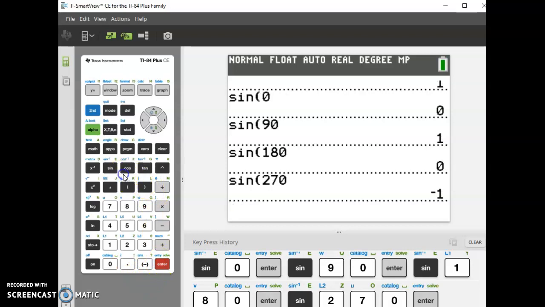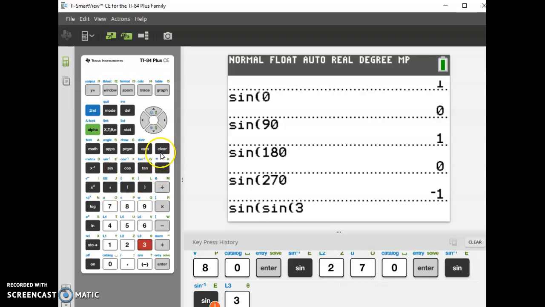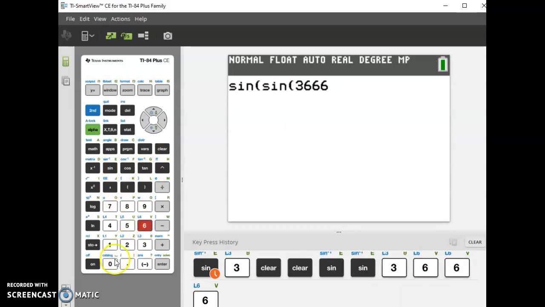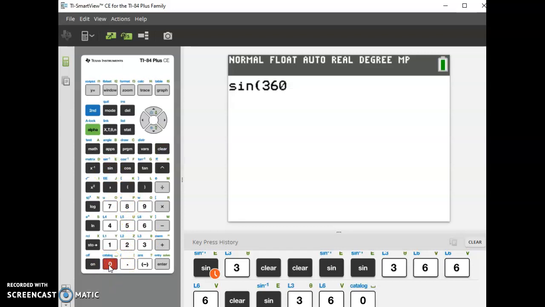Now let's go back to sine of 360. Oops, I hit it twice. Sine of 360. It's a little sensitive. I am just hitting everything twice. Sine 360. And according to my unit circle, my y-coordinate should be 0, so I should get 0, and sure enough, I did.